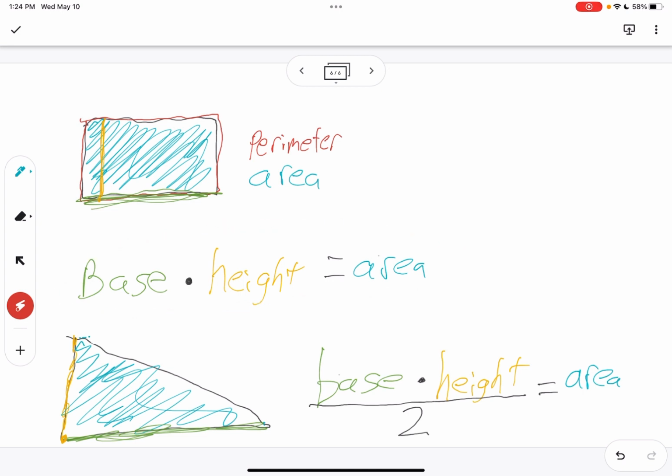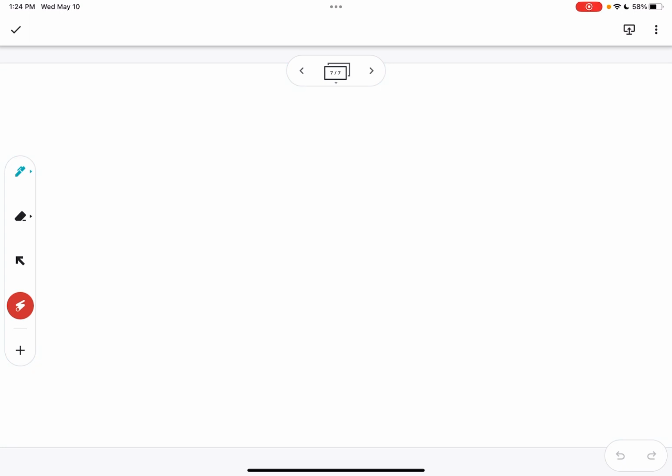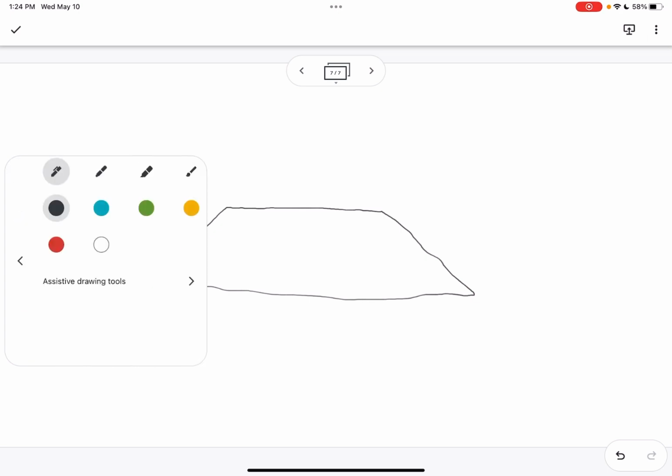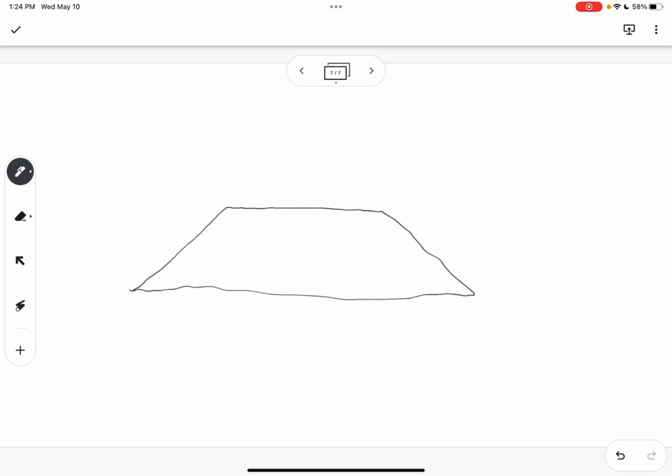So let's look at a figure like this, like we looked at earlier today. We've got like this, okay? And we're looking at, and then they've got height. Let's go with height here in yellow. Height is, let's say that this is 3, okay?